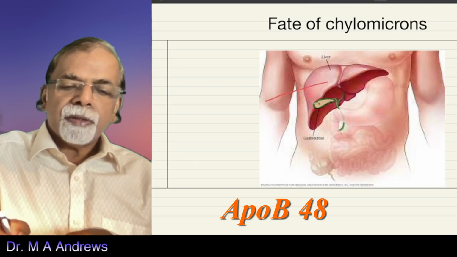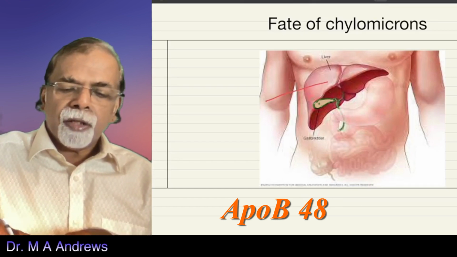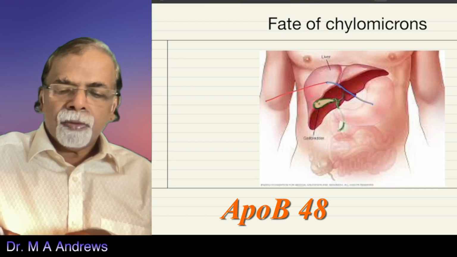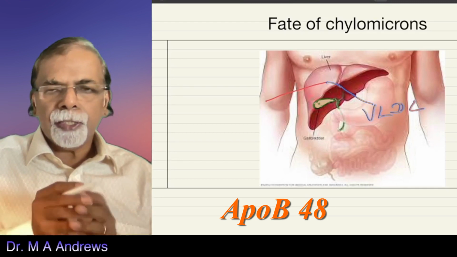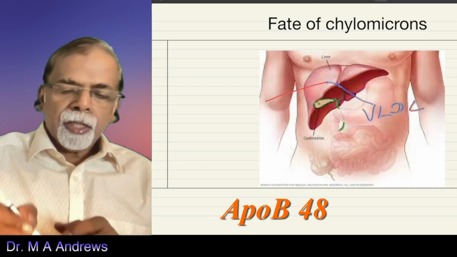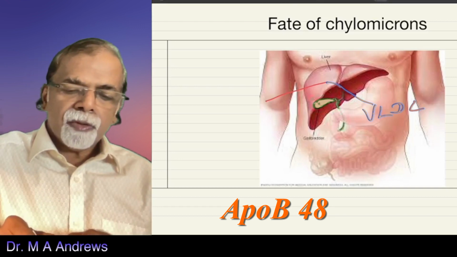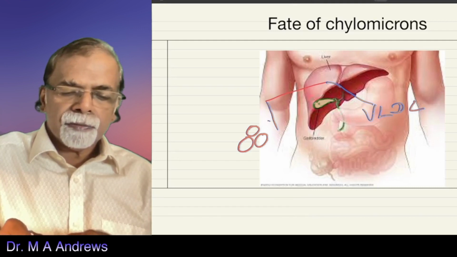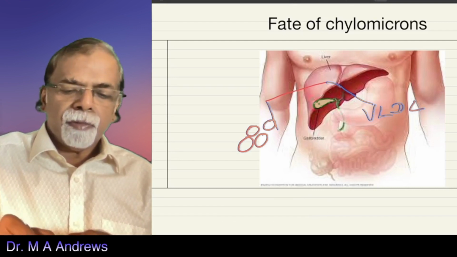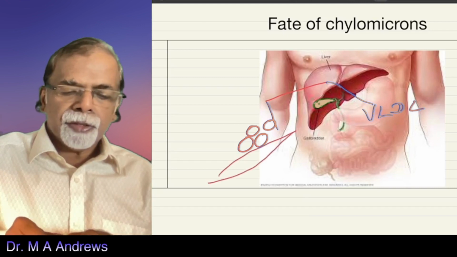So in the liver, it is used for synthesis of very low density lipoprotein. A part of chylomicrons will reach the fatty tissues or fat cells. Some of them will be utilized in the muscle tissue.